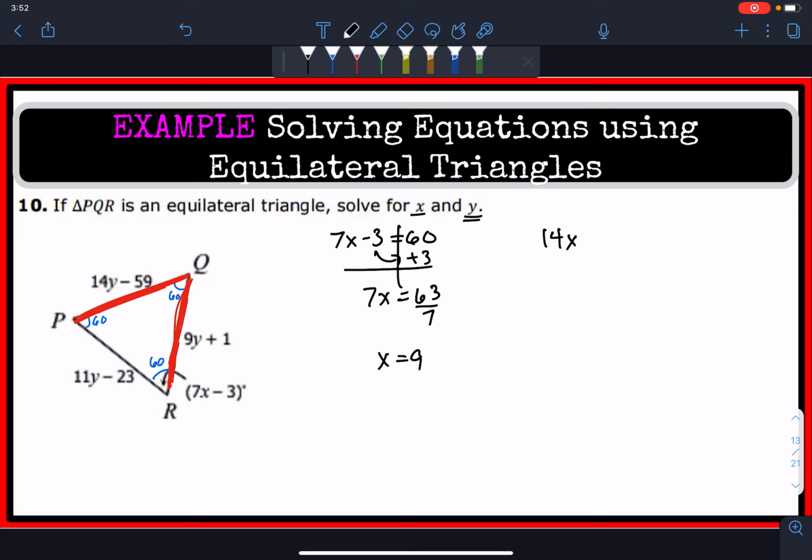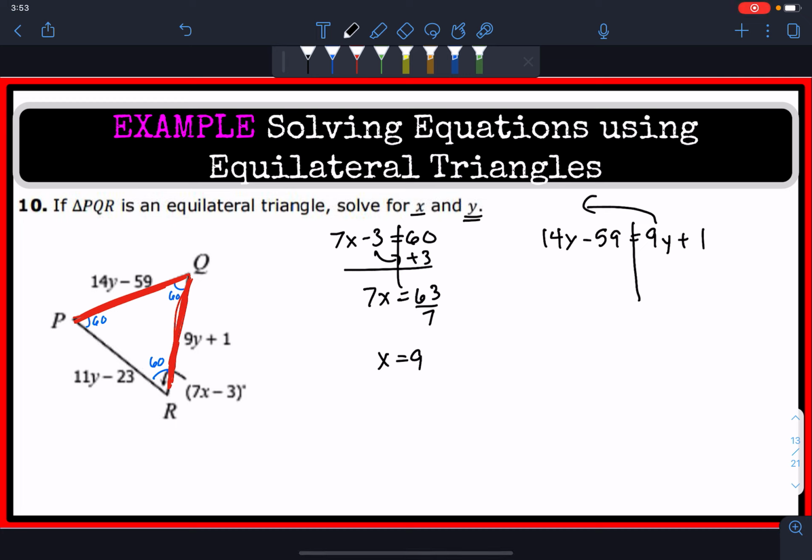So 14y, not x, 14y minus 59 is going to equal 9y plus 1. Or I could have had 9y plus 1 equal to this one, or 14y minus 59 set equal to that one. As long as I get two of the sides equal to each other, I'm going to figure out the value for y in this situation.